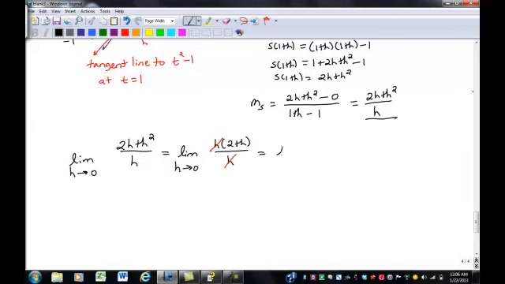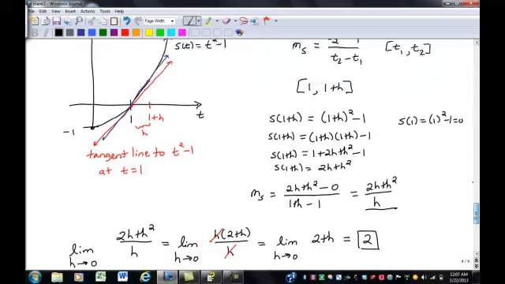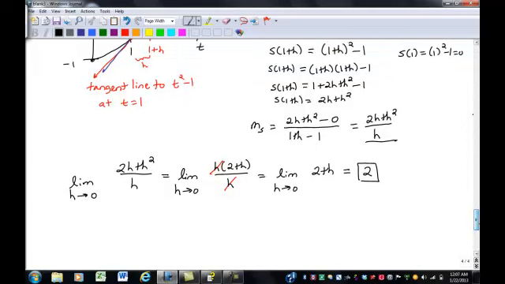But this magical thing that happened is not a coincidence, and it happens quite often. You can cancel the h out of the bottom when you take this limit. You let h get smaller and smaller. And after you cancel the h out of the bottom, you can actually plug in, and you get the limit equals 2. But what that limit did was it let h be 0.